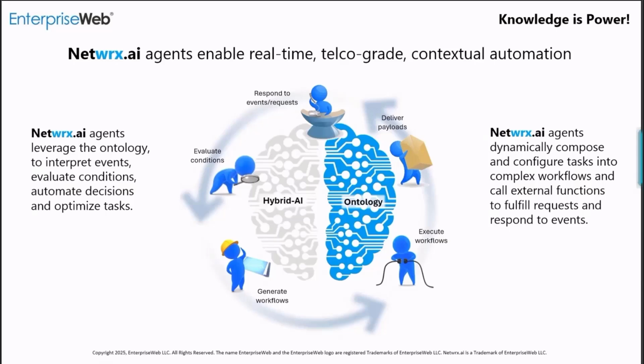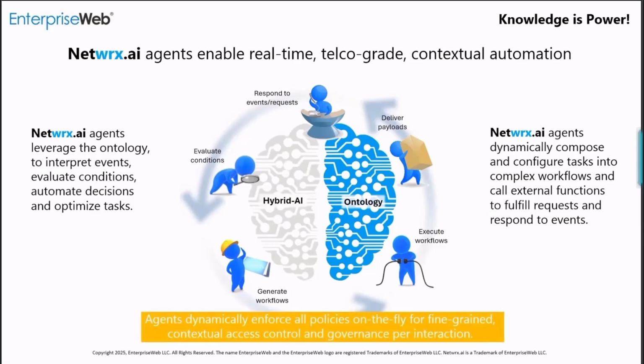So this is not just agents tightly coupled to an LLM doing sort of light automation, with all the risks and costs that it entails. We're talking about enterprise-grade, telco-grade agents that are not only providing the functional concerns, they're also dynamically enforcing all policies on the fly for fine-grained contextual access control and governance per interaction.